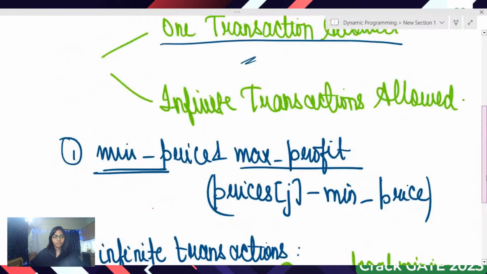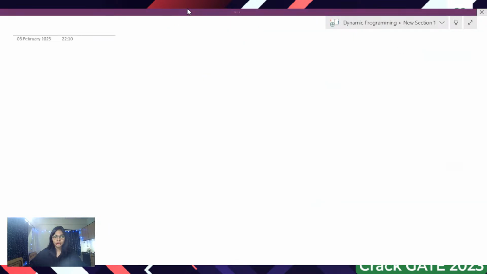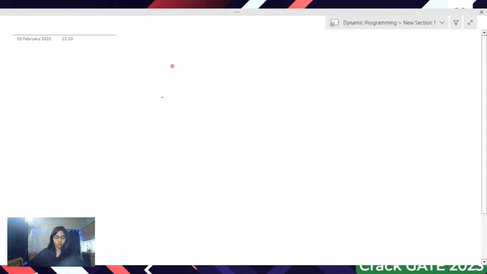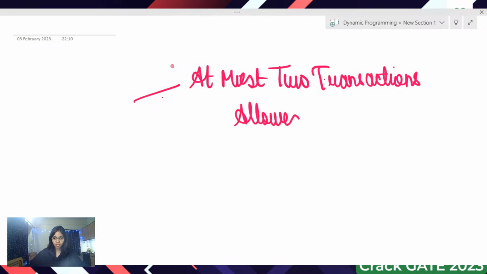That is how we solved these two types of questions in yesterday's session, when one transaction and infinite transactions are allowed. Today we are going to do the remaining two kinds of stock based problems: when at most two transactions are allowed, and then at most k transactions allowed.